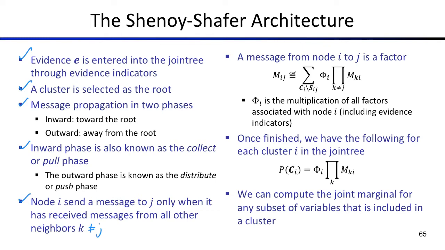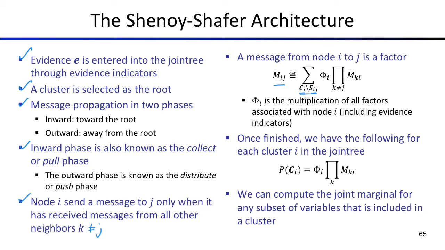The message from I to J is defined as follows. We take all the variables that we have in cluster I, we remove the variables that are in the separator, and we do this summation.